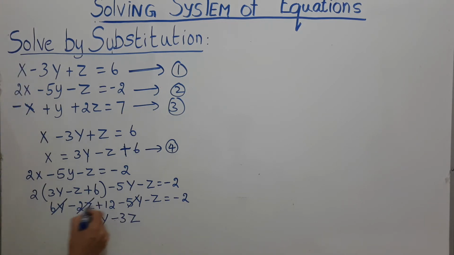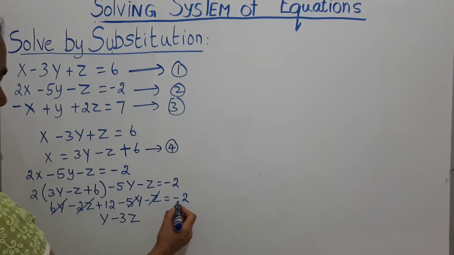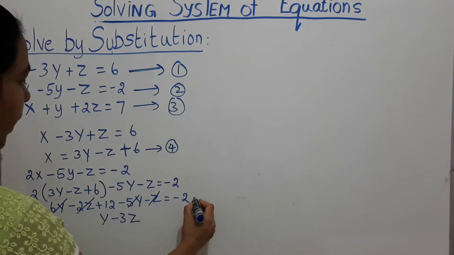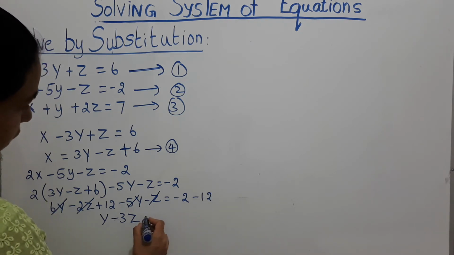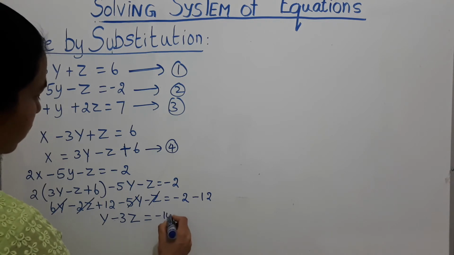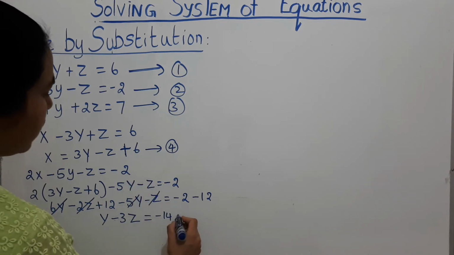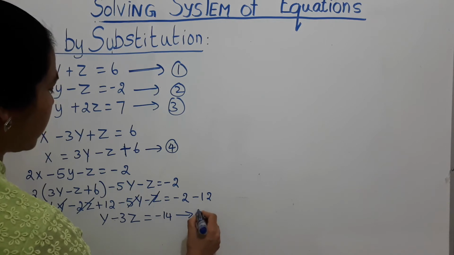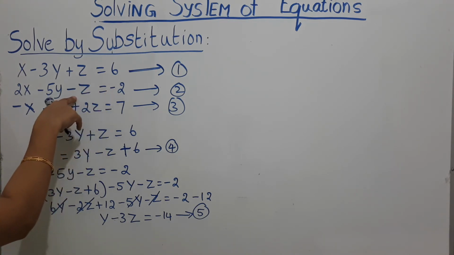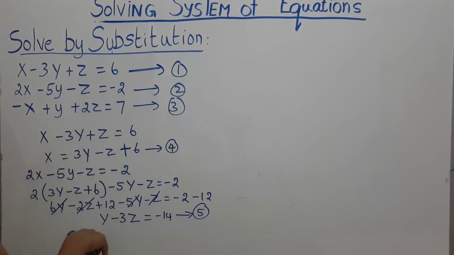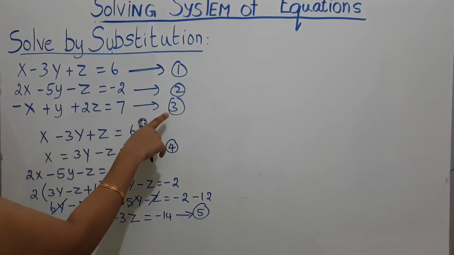Okay, and now you can bring the 12 to the other side. So negative 2 minus 12 will be negative 14. So now we can number this as equation 5. Okay. So first of all, we are finding the value of x, and then you are replacing in the second equation. Okay. Now you have to replace the value of x in the third equation.